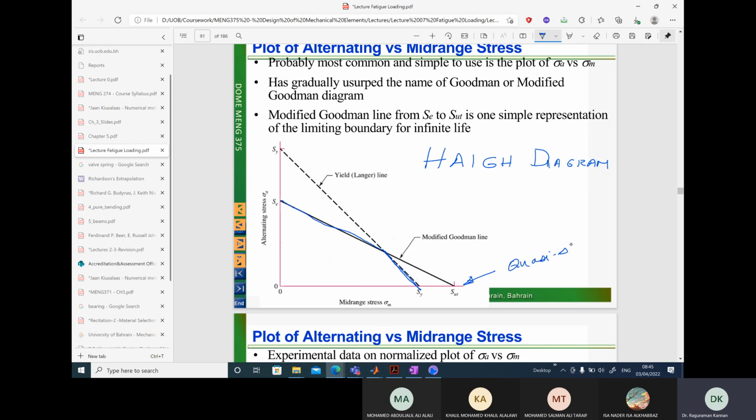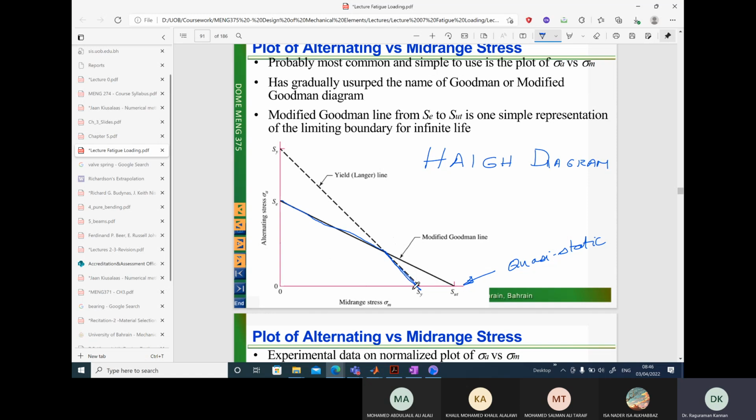What is a quasi-static loading? Your tensile test. So if I'm right on the x-axis, this is equivalent to having my tensile test. Where will the failure occur in a tensile test for ductile materials? At the yield point. And fracture will occur at ultimate tensile strength. So these 2 points on the x-axis are important.